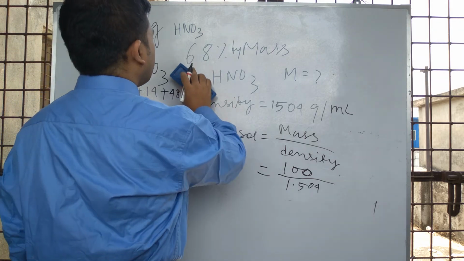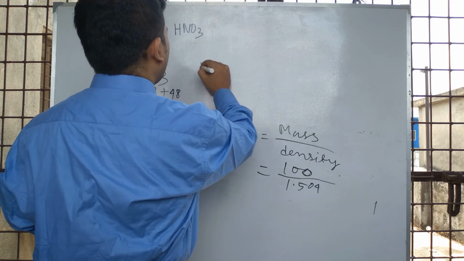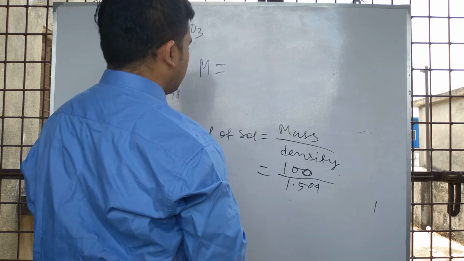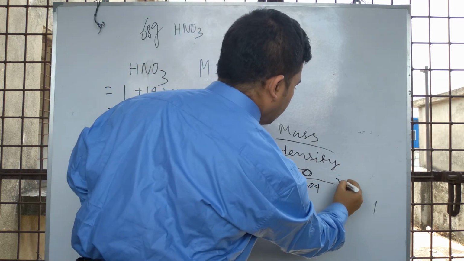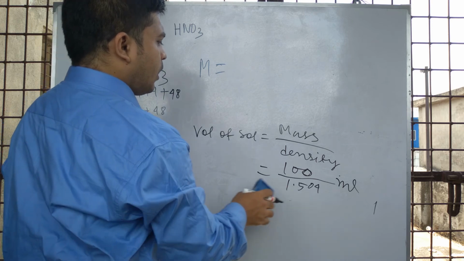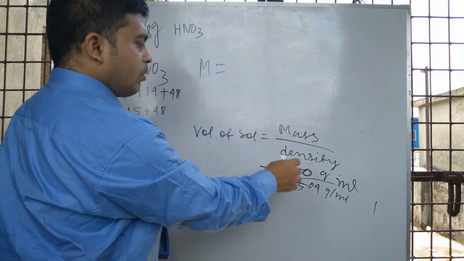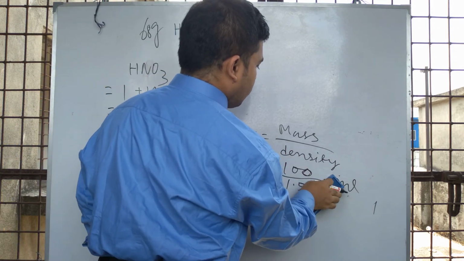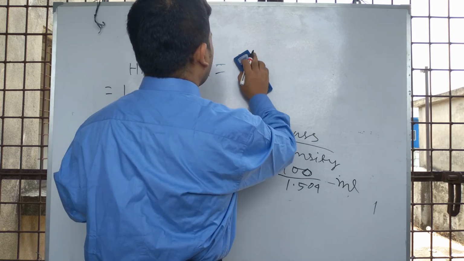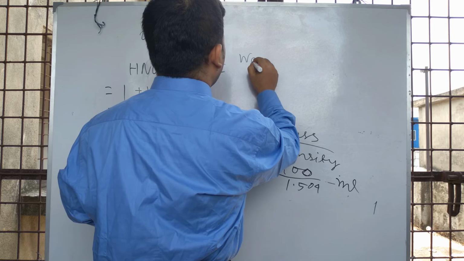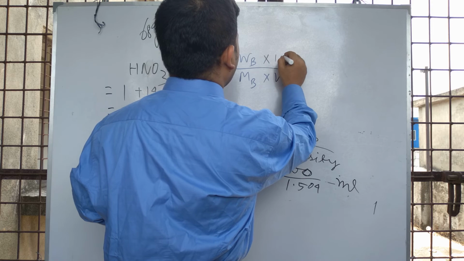Now what we have to do for calculation of molarity of these solutions, you need to know this volume of solution in ml, because mass is in gram and density is gram per ml. So the overall unit is ml. Now the molarity equation is Wb by Mb into volume in ml into 1000.